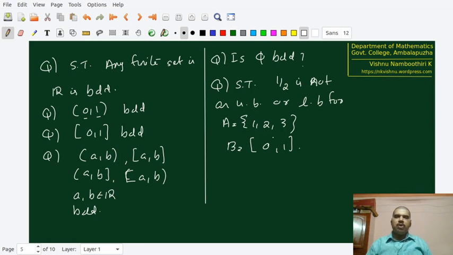So we have to show that 1/2 is not an upper bound for this A, 1/2 is not a lower bound for this set A, 1/2 is not an upper bound for B, 1/2 is not a lower bound for this B.